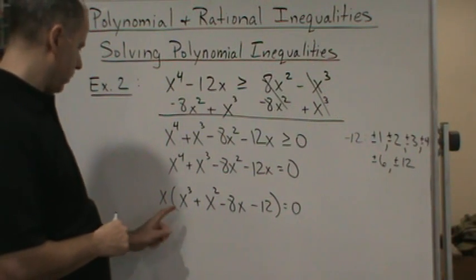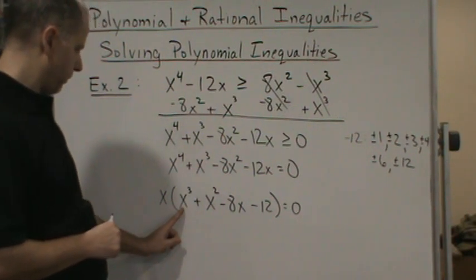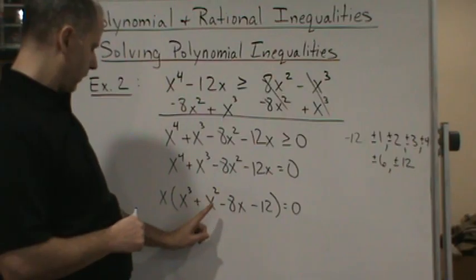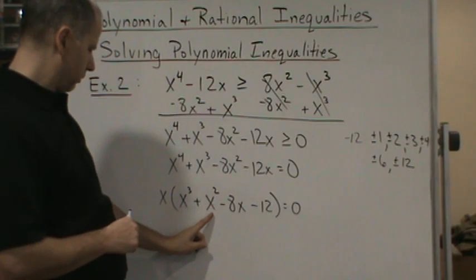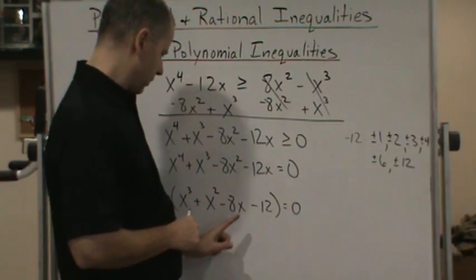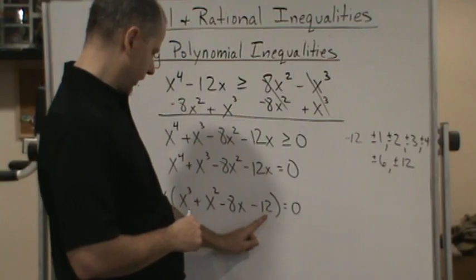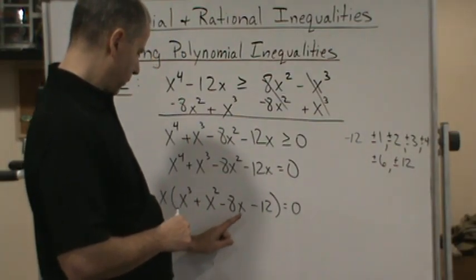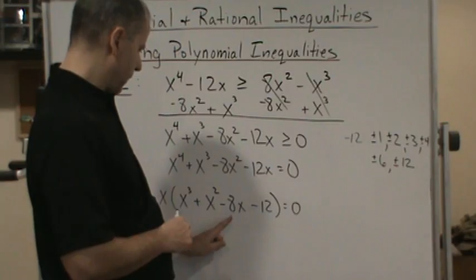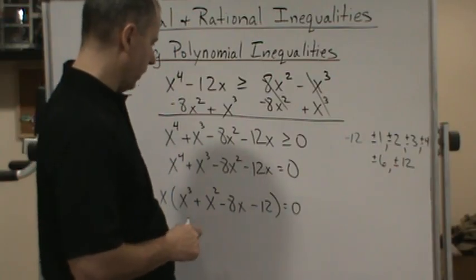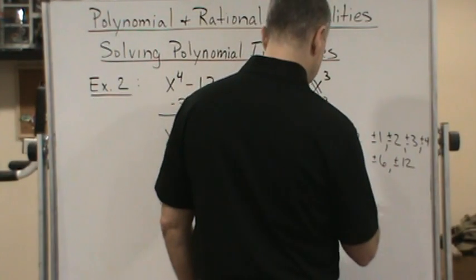If we do negative 2, that's going to give us negative 8 plus 4, which is negative 4, which is going to give us negative 16. And with the other part we put in negative 2, that's going to give us positive 16. So negative 2 will work. So let's find out what the quotient is going to be.